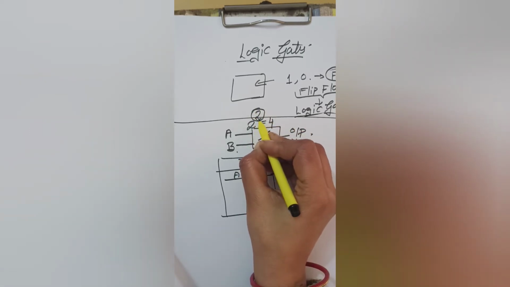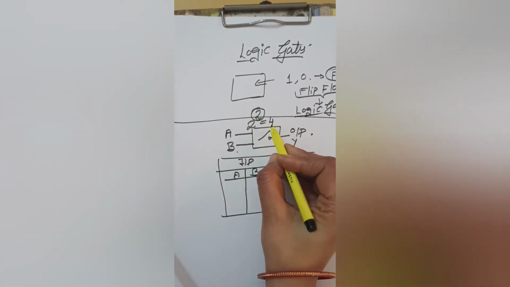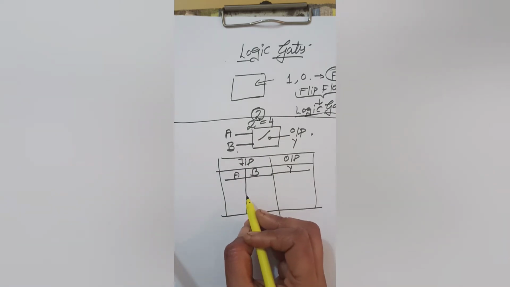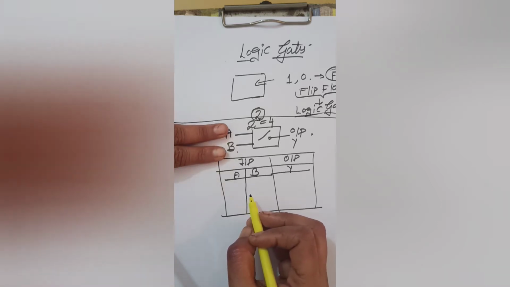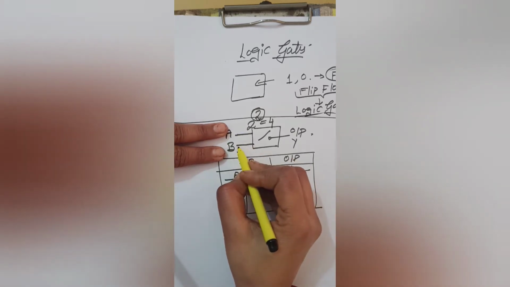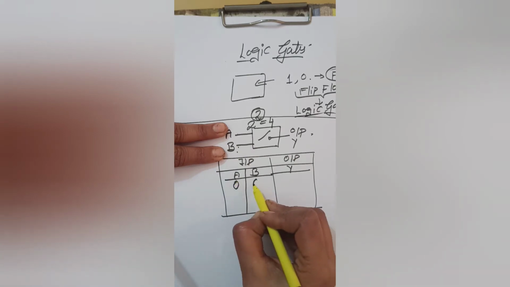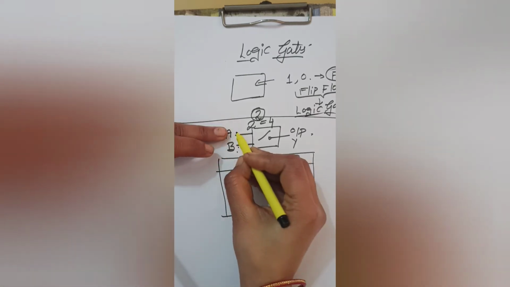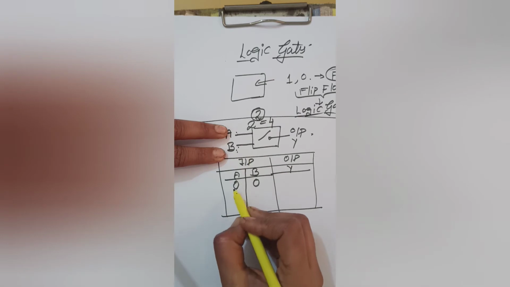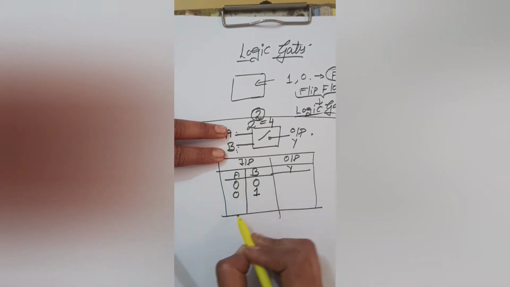The exponent denotes the number of inputs. And what will be those 4 combinations? Those are all possible states in which the input may be 0 or 1. Let us consider first, both the inputs are at logic 0, 0. If one is at logic 0, another at logic 1, this is 0 versus 1.